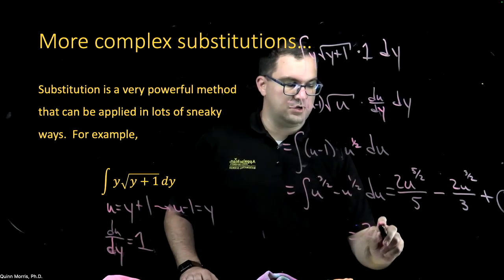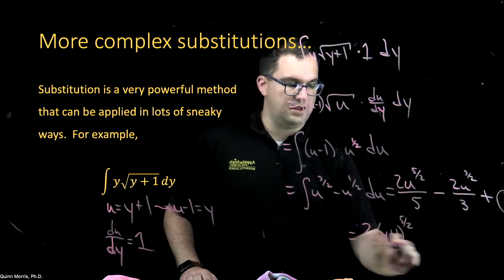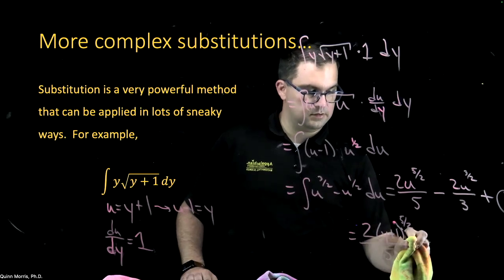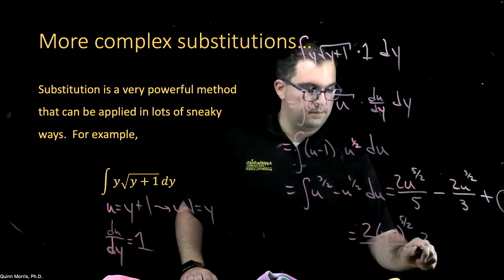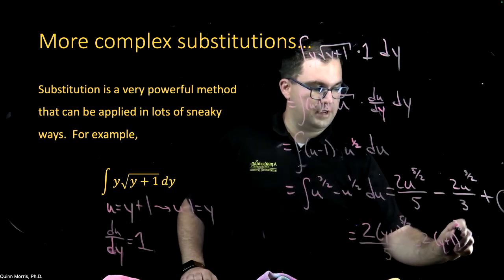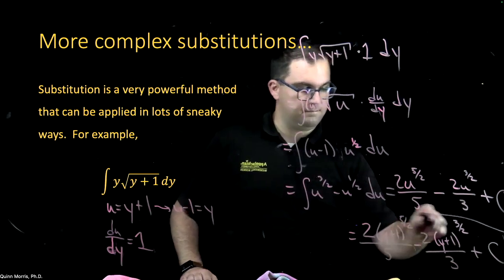And so for my final answer, I get 2 times y plus 1 to the 5/2 divided by 5 minus 2 times y plus 1 to the 3/2 divided by 3 plus c.